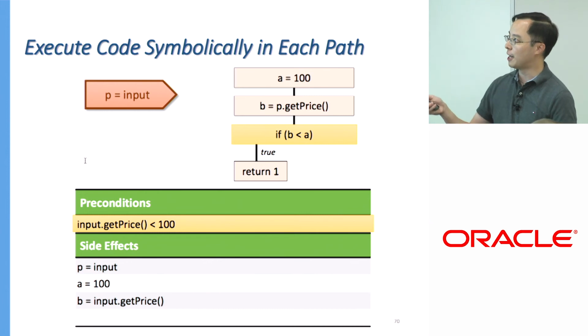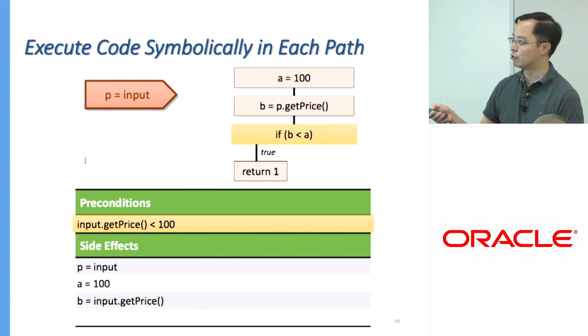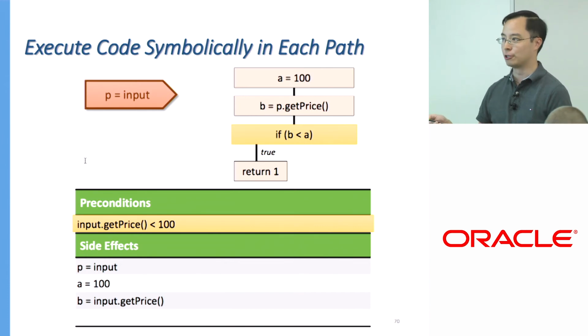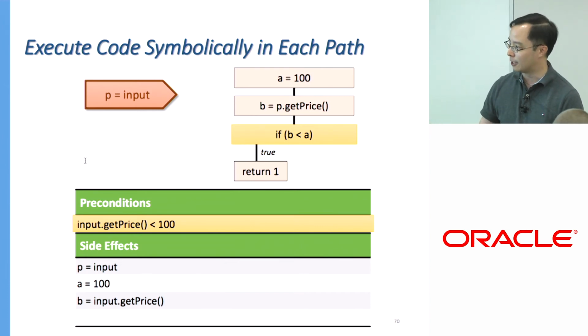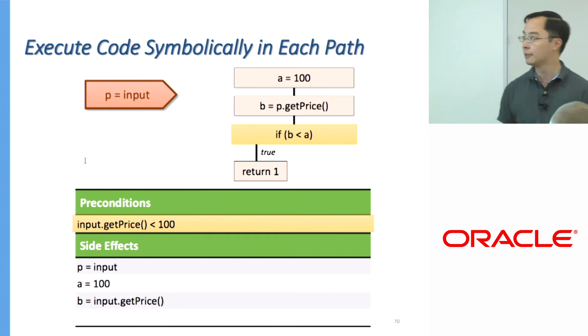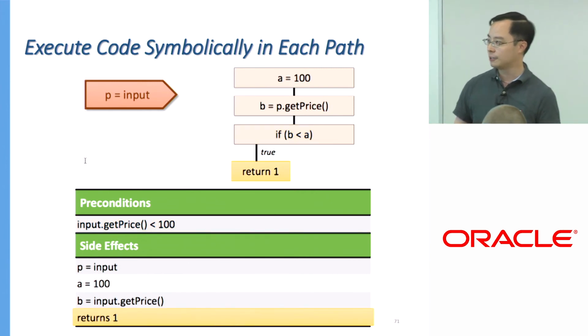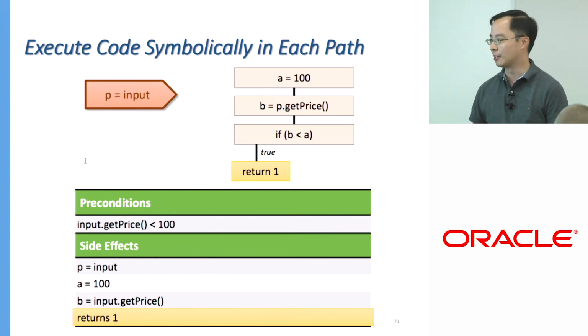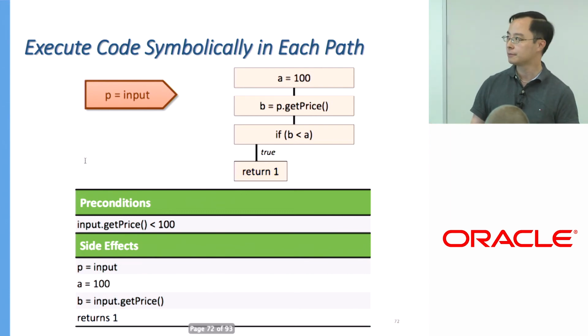Since in this path we know that we want this branch to be true, we know that whatever is inside this if instruction has to be true as well. So this b less than a becomes input.getPrice less than 100. That's a precondition for the path. And then finally, we get the return 1, which is a side effect.